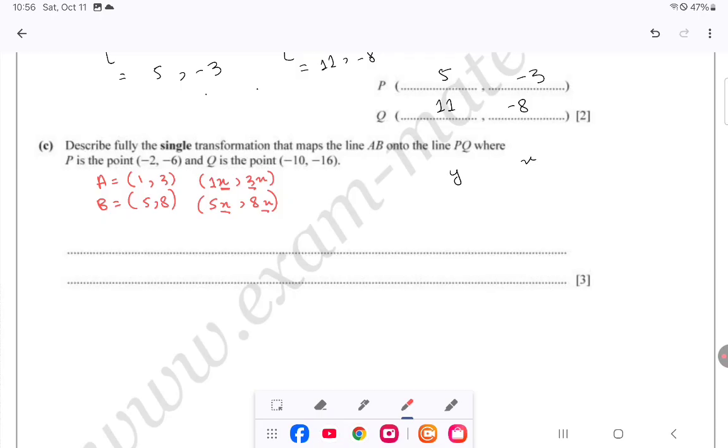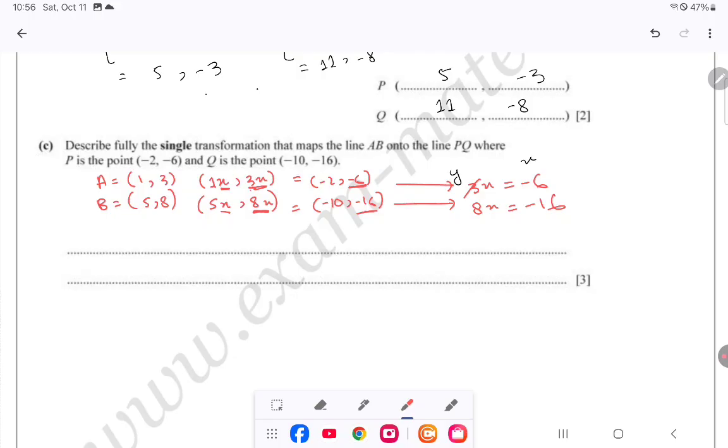What we can do is simply compare that with P and Q. P is given as negative of 2 comma negative of 6, and Q is given as negative of 10 comma negative of 16. If we compare 3x, because we are comparing only the y value, 3x is equal to negative of 6, and for B, this is y, 8x, comparing with negative of 16.